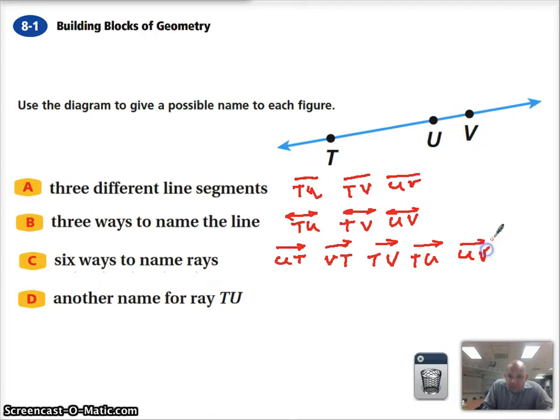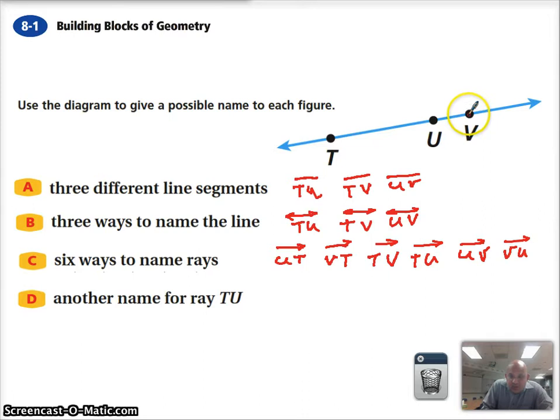So that's ray UV. I think I've got most of it. I've only got 5 here. I've got UT, VT, TV, TU, and now I can also name this particular ray going in this direction, VU. That's the only one that's missing.